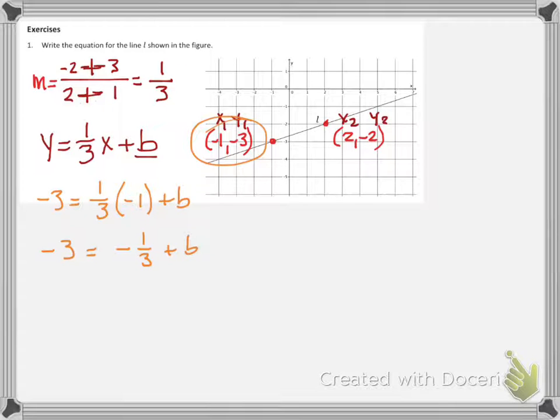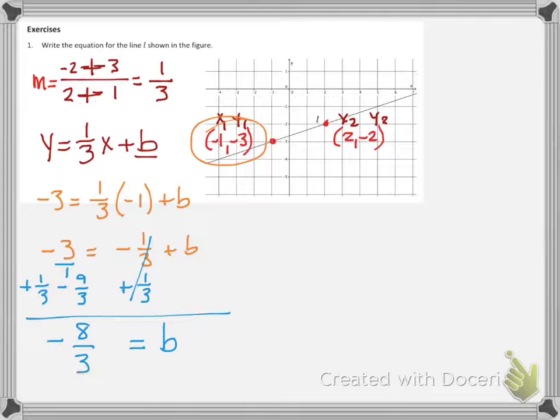And then I'm going to isolate b, so I'm going to add 1/3 to both sides, and the 1/3s cancel. I get b is equal to, and now I just need to add 1/3. So I'm going to make this -3 over 1 into thirds. That means I'd have to multiply by 3 over 3. That's -9 thirds. Okay, so I have -9 thirds and a +1/3. That's going to give me -8 thirds, and that's my y-intercept.